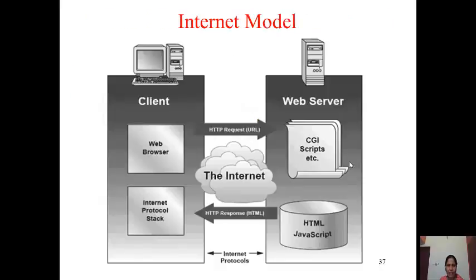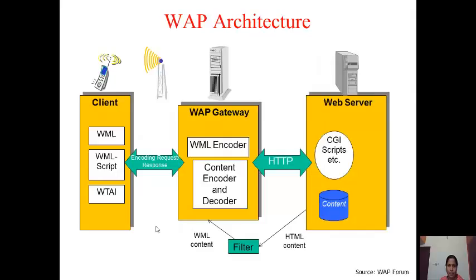So this is a generic internet model, where we have a client-server model. The web browser is used to send a request for a particular URL, and the web server gives a response in the form of an HTTP response. This is a typical internet model. Now coming to the WAP architecture, apart from the client and the server, we can notice that there is a gateway playing a major role as a mediator between the client and the server.